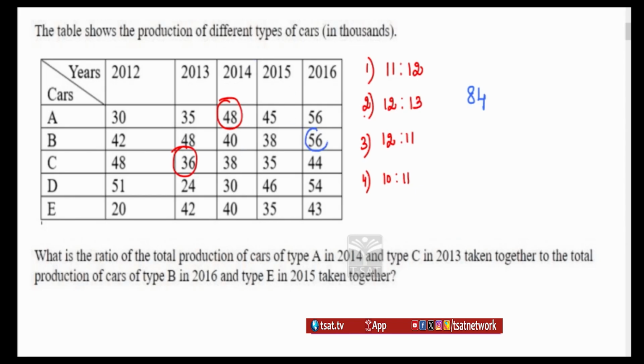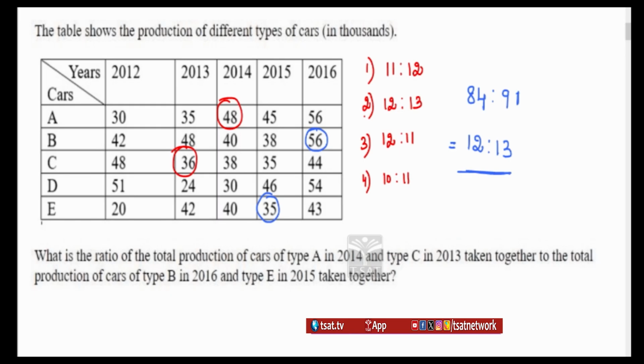Type B in 2016 is 56, and type E cards in 2015 is 35. So you have to be very careful when you are dealing with them. So it's actually 91, 56 plus 35. When you take the ratio, 84 to 91, 7 twelves are 84 and 7 thirteens are 91. So the simplified ratio is 12:13. So the answer here is 12:13.